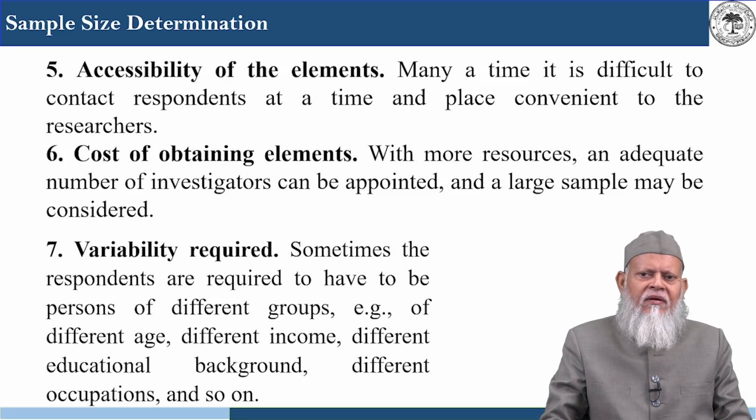So it will be naturally difficult to contact all of them everywhere. This is where the accessibility also impacts the size of the sample, because the accessibility to respondents is not convenient.